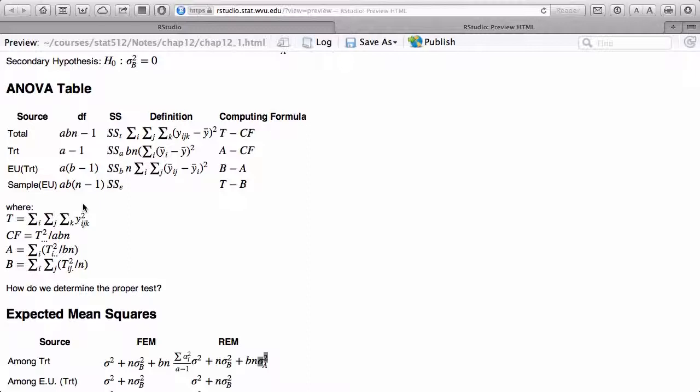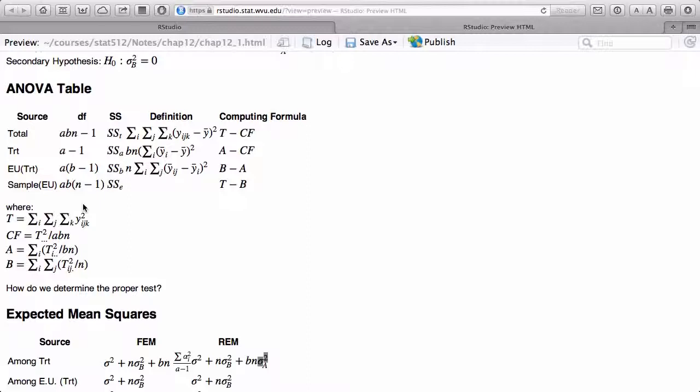If you would use the subsamples as your error term, sometimes what people will do is the following. They will test the experimental unit variability, the secondary hypothesis, and if you fail to reject, that is, you're saying that sigma squared sub b is 0.